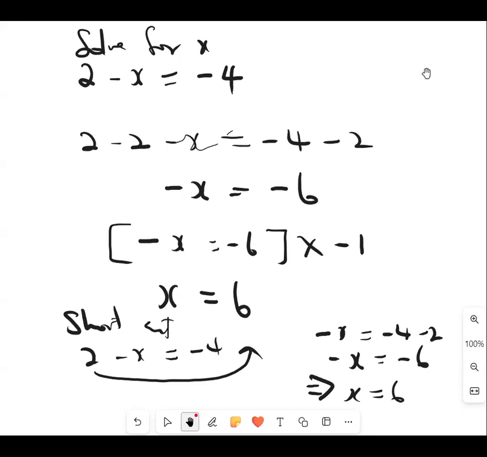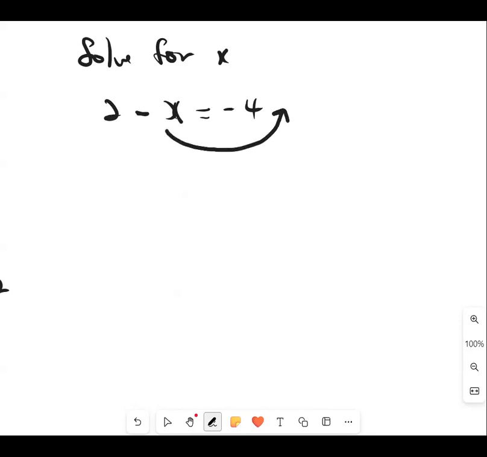There's an alternative approach I'll show you now. So you have to solve, how is it? 2 minus x equal minus 4. What you could do, and I'm going to use the shortcut approach, bring this minus x over here, right? And take this minus 4 over here.